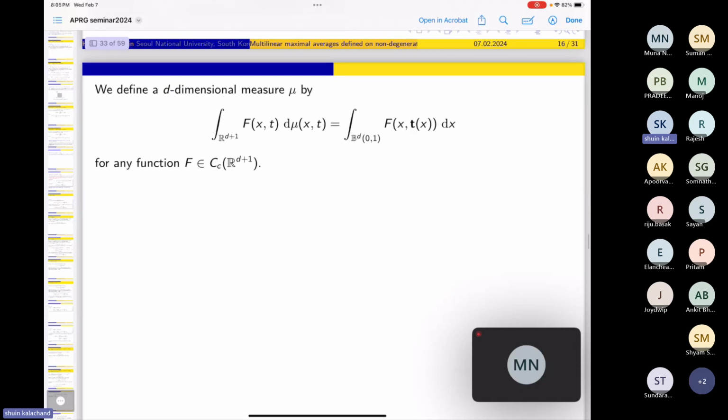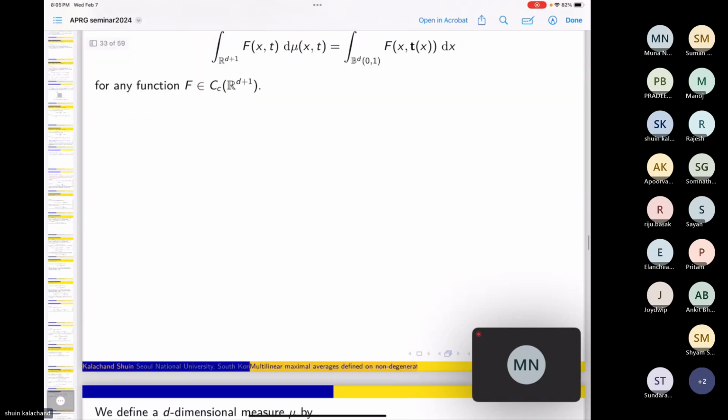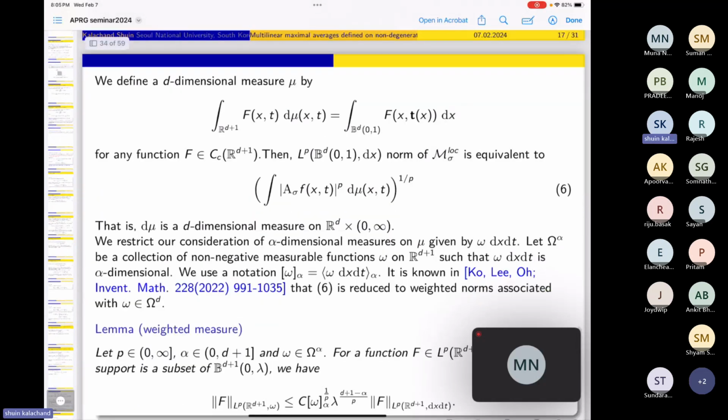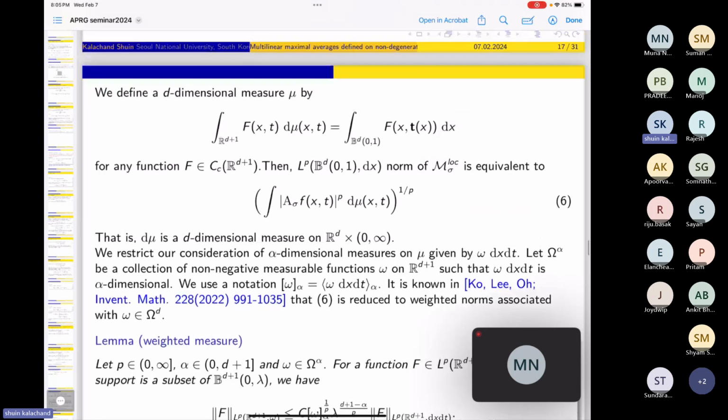Now, using this definition of mu, it reduces to the fact that the L^p norm of the operator M log sigma with respect to dx is equivalent to the L^p norm with respect to the measure mu, by this first identity.